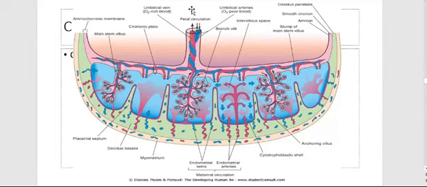Nutrients are being taken into the embryo. This is the fetal circulation. This is where the exchange of nutrients and gases takes place, in this organ called the placenta, and it is then transferred into the embryo through the fetal circulation. So this is the placenta.